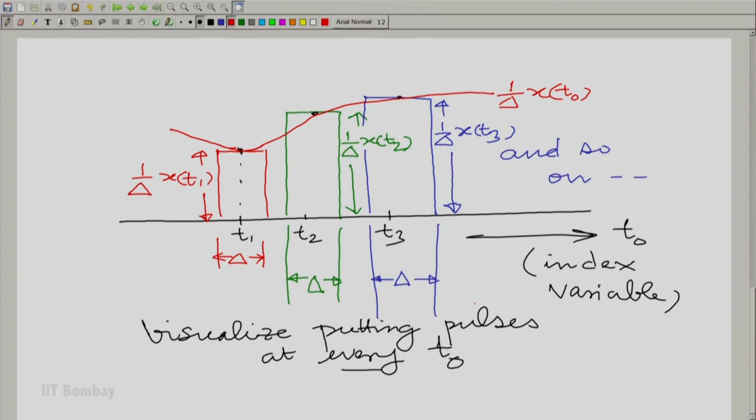You visualize putting pulses at every t0, and now one more thing you need to do is to visualize Delta going towards 0. I know this requires a little bit of work, you do need to visualize first a continuum of pulses, and then you need to visualize each of those pulses becoming smaller and smaller in width and all coming together under an integration.